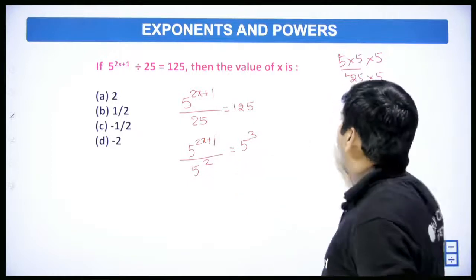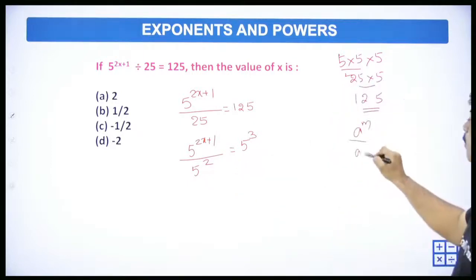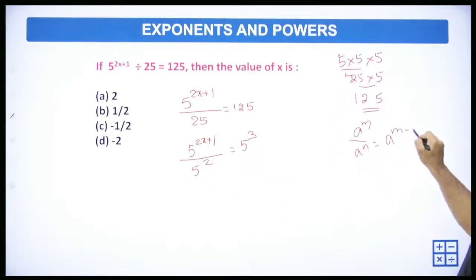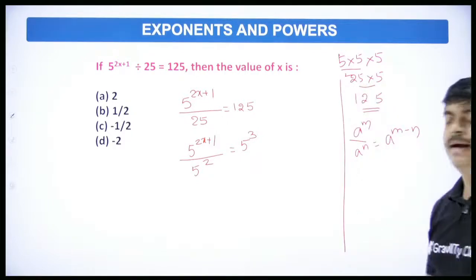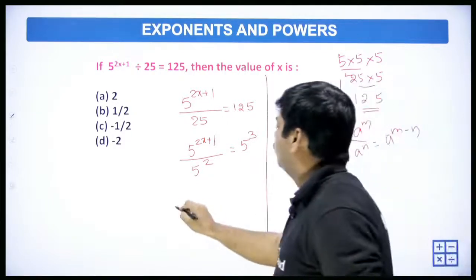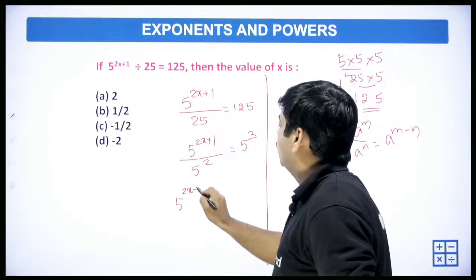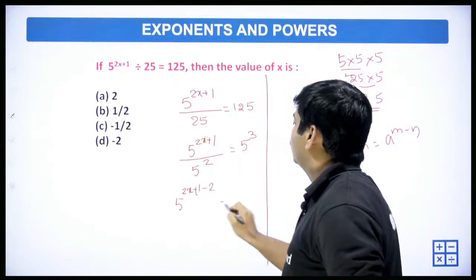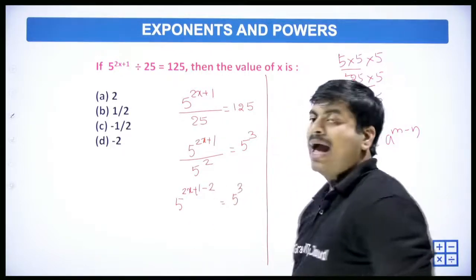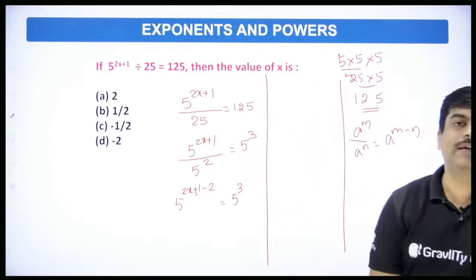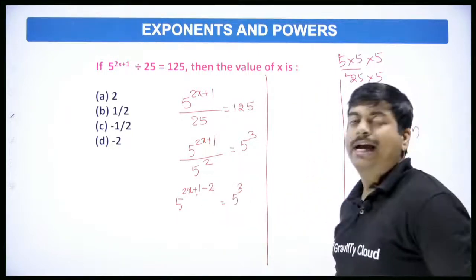For a power m by a power n, the formula is a power m minus n, right? So that will give you 5 power 2x plus 1 minus 2 is equal to 5 cube. Now, as the bases are equal, we can equate the exponents.